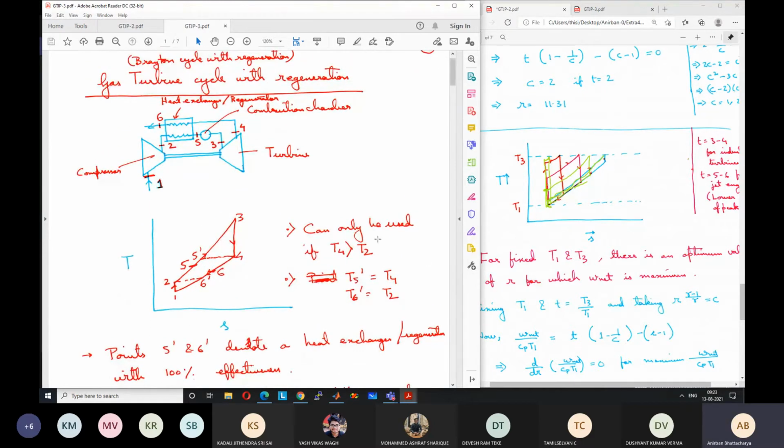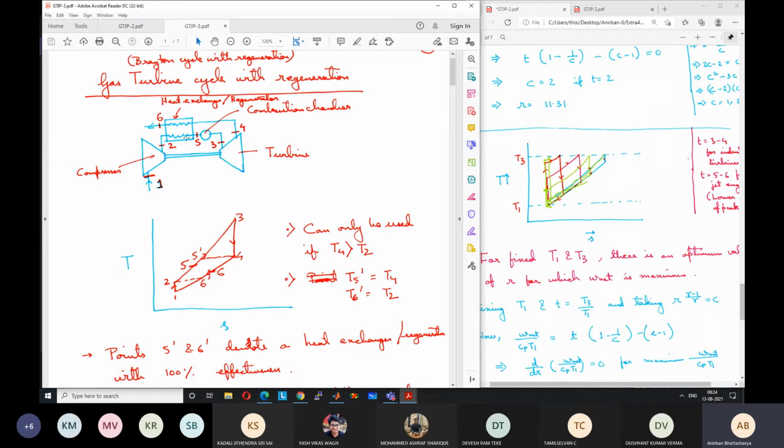Now if you look at this cycle, it is very clear that this regeneration process can only be done if this point 4 is above this point 2. If the exhaust gas temperature is below the compressor outlet temperature, then you cannot have heat exchange from the exhaust gases to the air which comes out from the compressor.